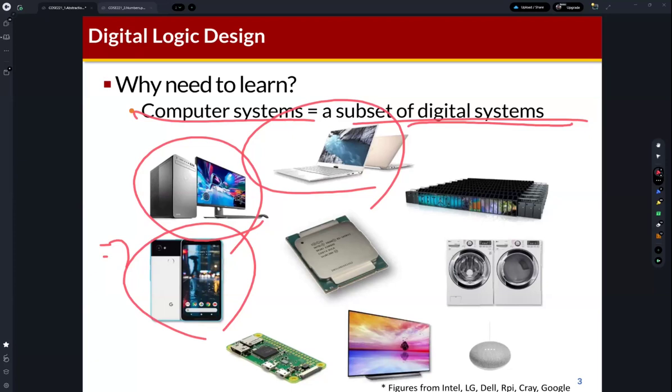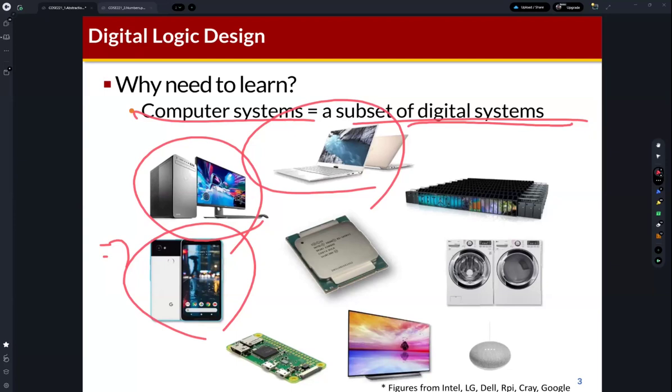These devices are actually computer systems, which means that they include processors, okay? Processors are like the CPU or GPU, those are examples of processors.